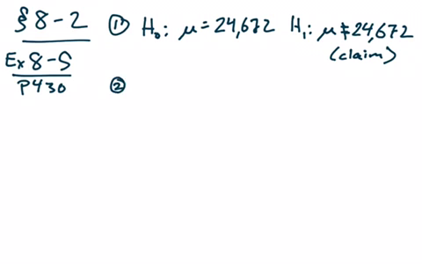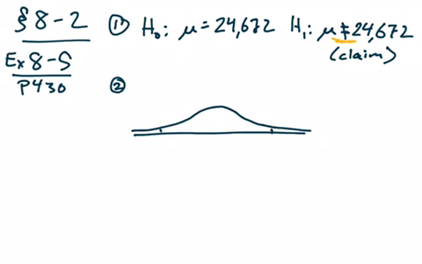So now, step 2. We're going to go ahead and find the critical values. And in order to do this, I always like to sketch the distribution, right? Okay, so since we're saying that it's not equals, this is going to be a two-tailed test. And we have a total alpha equal to 0.01. And so here is another instance where, similar to a confidence interval, we're going to divide alpha by 2.